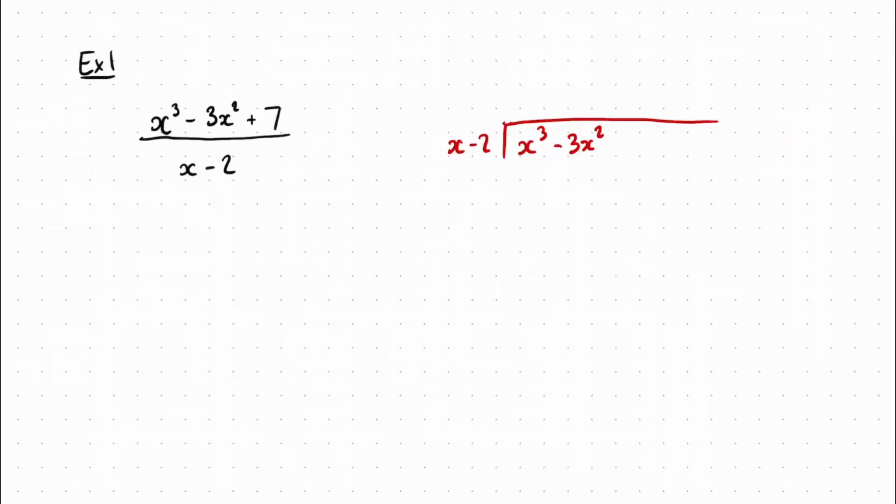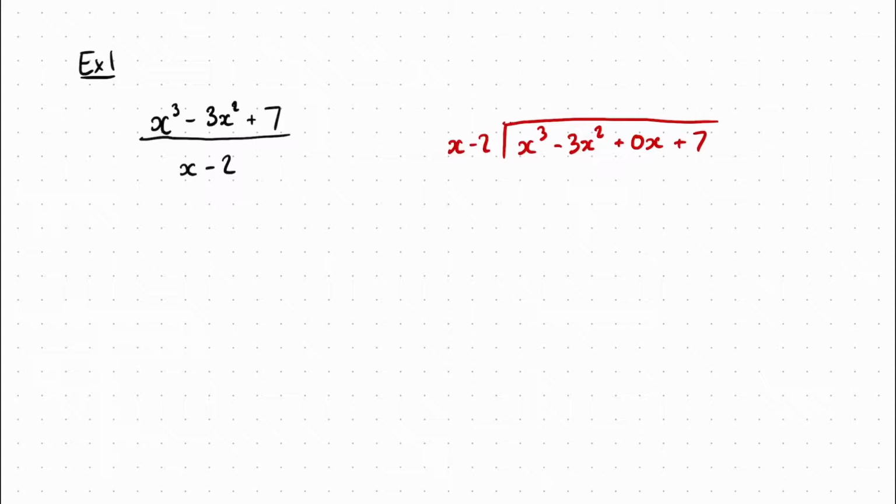However, there is no x term, and it's good practice to put plus 0x in there so that you can subtract from your x terms later on rather than having to create a theoretical third column. If any of the powers are missing in the sequence, put a 0 amount in just so that you can deal with it later.